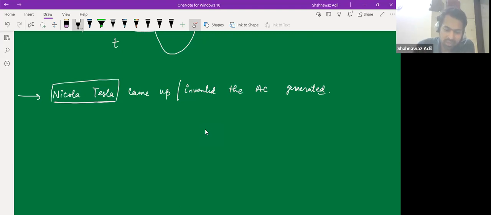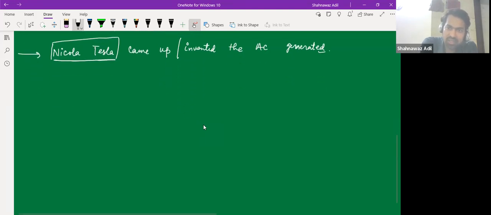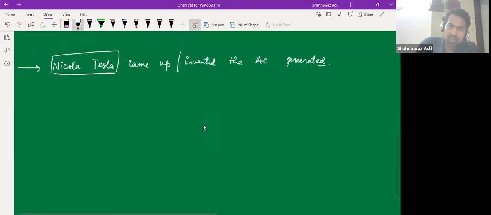Can you give me some examples where you see that these AC generators are there? Do you have some idea? First let us talk about this AC generator, and then we'll see how many types of AC generator there are.